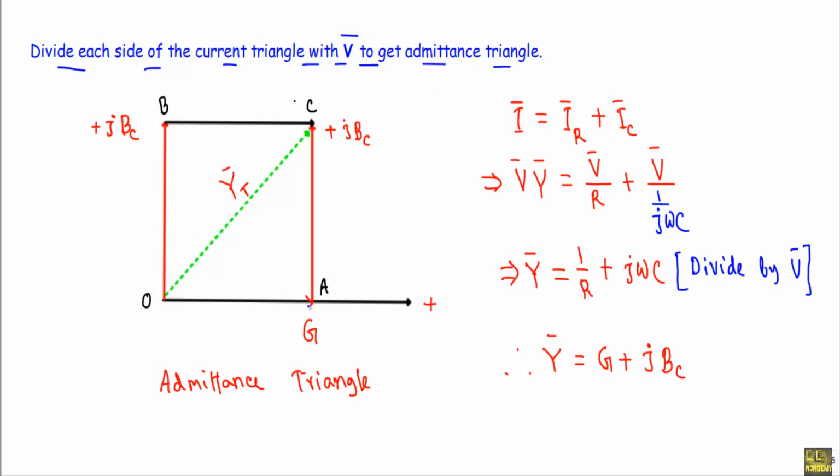This OA will indicate G, this AC will indicate plus jBC, this OB represents plus jBC, and this BC will represent G. Therefore you will see triangle OAC will be an admittance triangle, and triangle OBC will be another admittance triangle. Okay, that's it. Thank you.